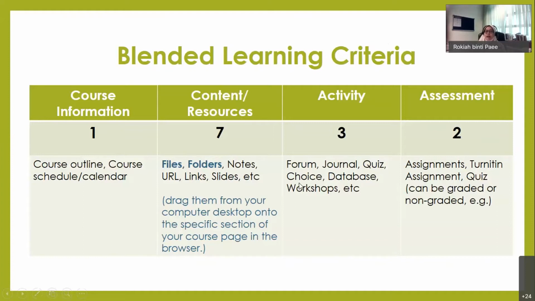As for activities, we need at least 3, such as forum, journal, quiz, choice, database, workshop, etc. And for assessment, at least 2, such as assignments, Turnitin, or assignment quiz, which can be a graded or non-graded quiz.